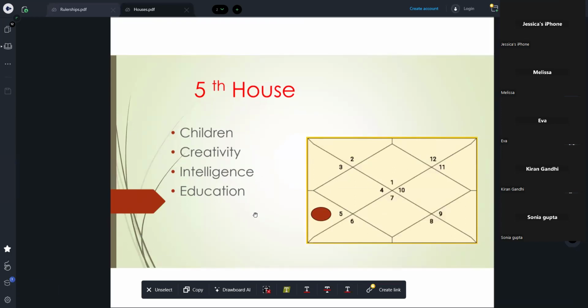Now, the fifth house is the house of creativity, right? People will associate this house with two main things: creativity and children. If you think about it, children are something that you create. Whether someone is going to have children, whether they're not going to have children, or whether you want to analyze some not so fortunate topics like miscarriages, stillbirths, and all that stuff.